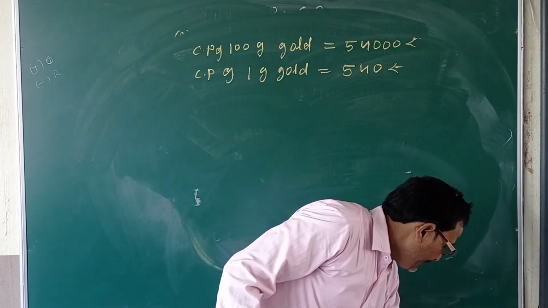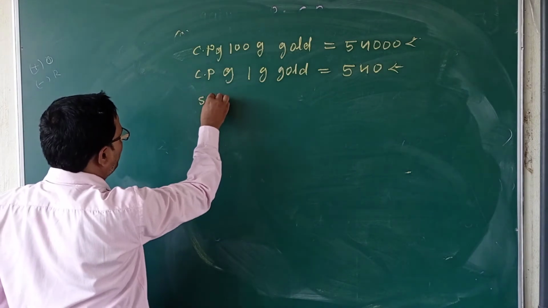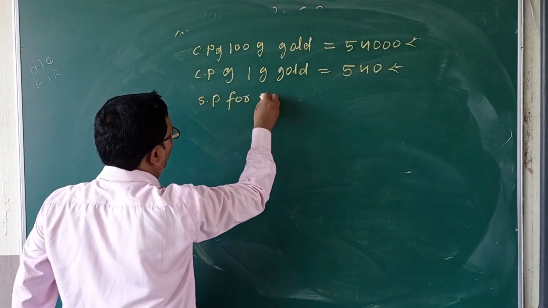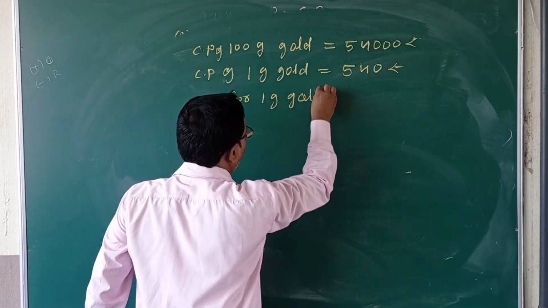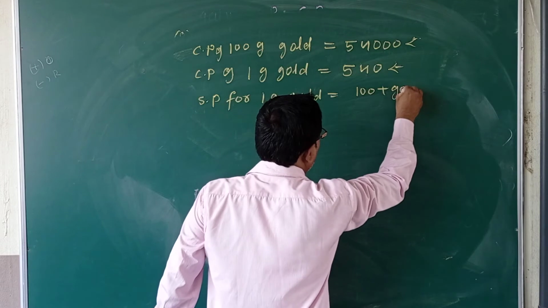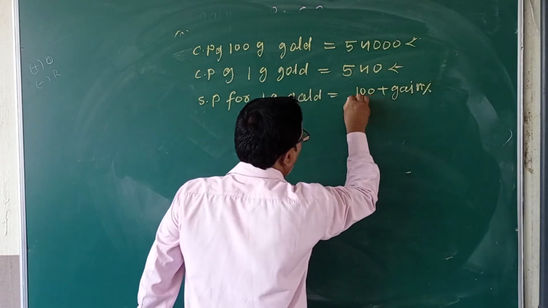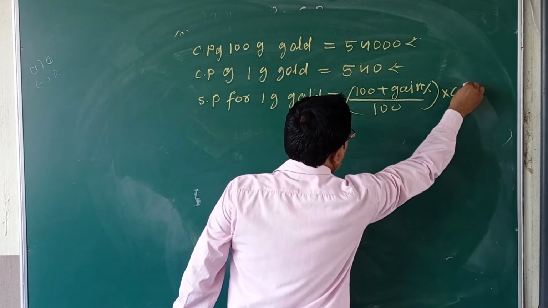Now SP for 1 gram gold. You know that SP is 100 plus gain percent upon 100 into CP.